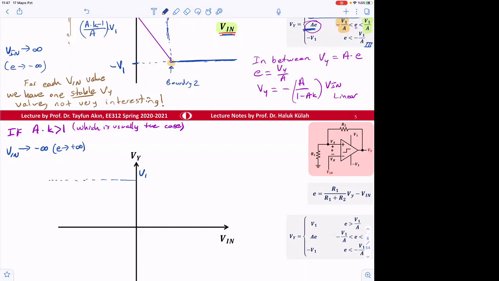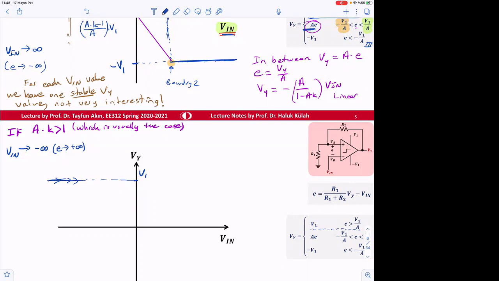V1. Okay, so the signal is coming from here, V1. And then we already solved the value. And then the boundary, remember the boundary is the same. If you just make the calculation, you know, this is the boundary value.